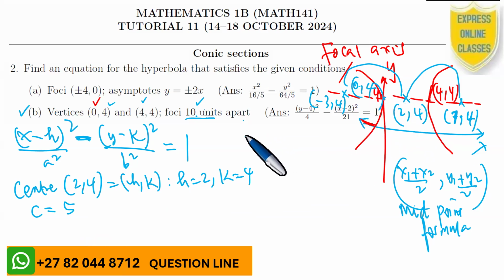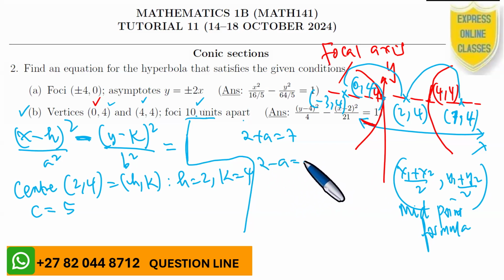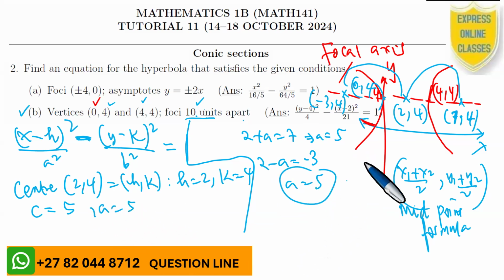A is added, like 2 plus A is 7, and 2 minus A becomes -3. If 2 plus A is 7, then A is 7 minus 2, which is 5. So we got that A is 5 from distances.